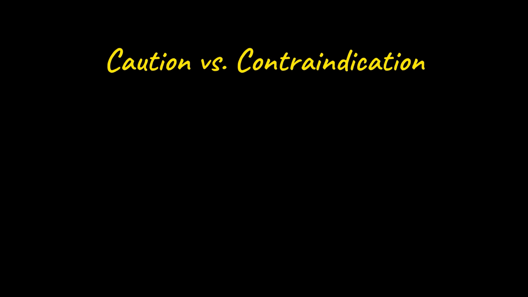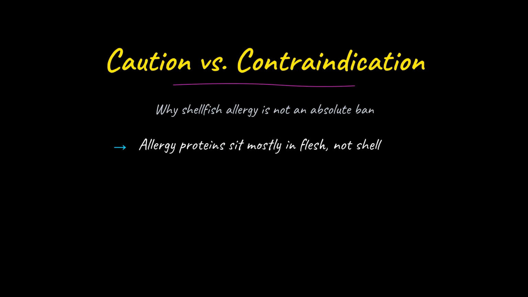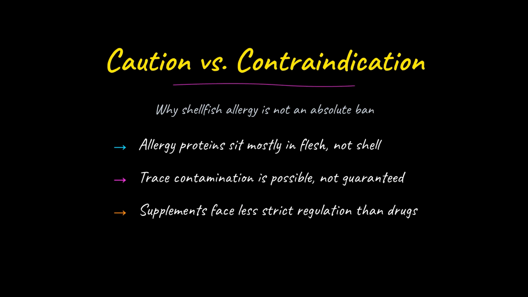For a patient with a known shellfish allergy, the guidance is threefold. Use glucosamine cautiously, discuss the risk with a healthcare provider, and look for a glucosamine product derived from a non-shellfish source if one is available. This is an important nuance. A shellfish allergy calls for caution and informed decision-making, not an automatic prohibition, because supplements are regulated less strictly than prescription drugs.